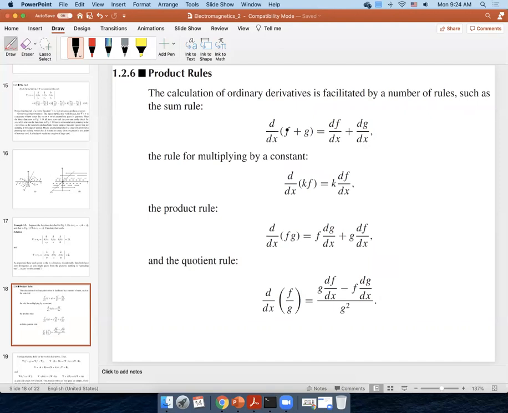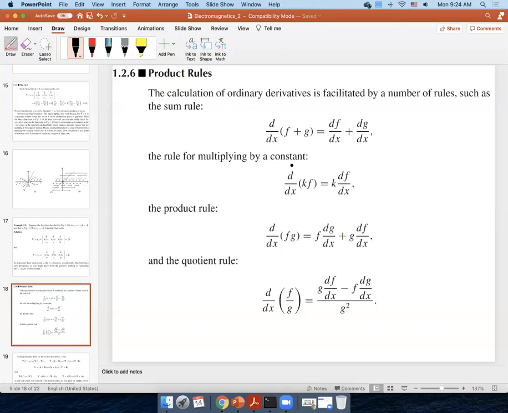If you have two functions, f and g, and you want to calculate the derivative of the sum of f and g, then you get the derivative of f plus the derivative of g. So the derivative of f plus g equals the derivative of f plus the derivative of g. So that's the sum rule.